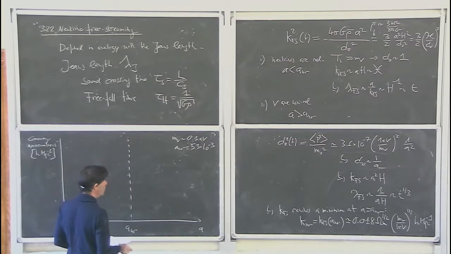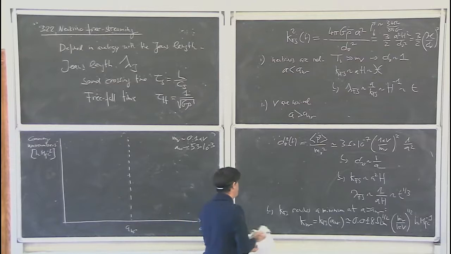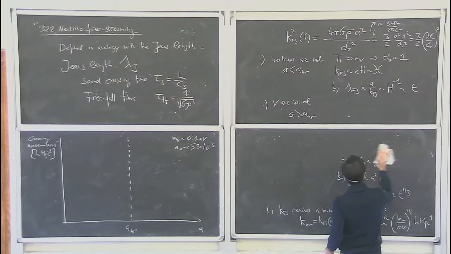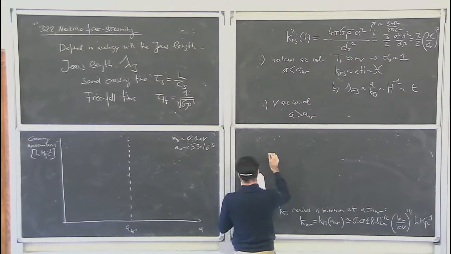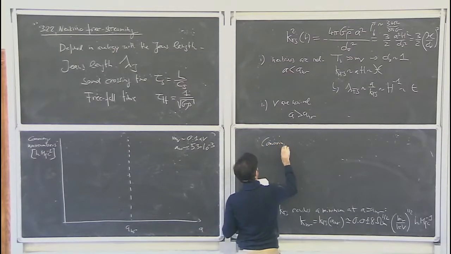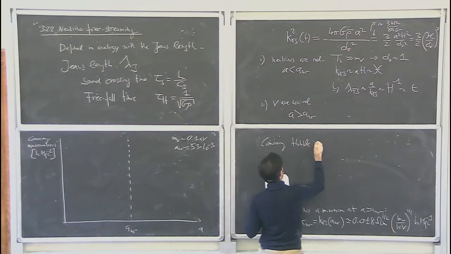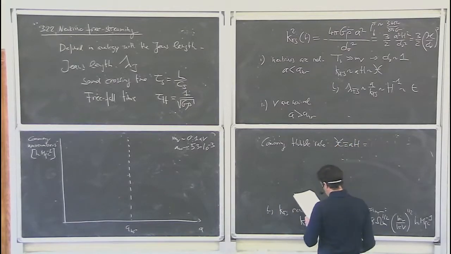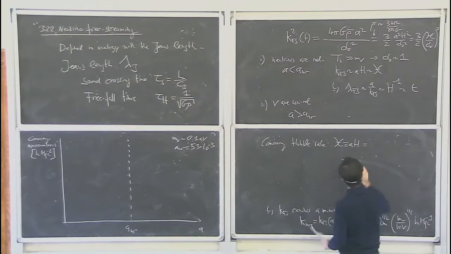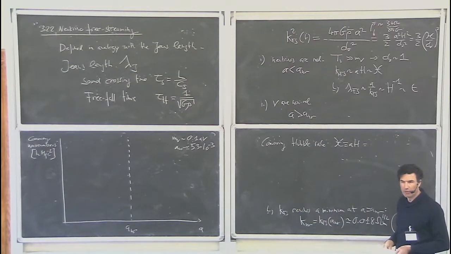So in matter domination, the co-moving Hubble rate, aH, goes like, H goes like 1 over the time, a goes like t to the 2/3, so this goes like t to the minus 1/3, so it goes like 1 over the square root of a.